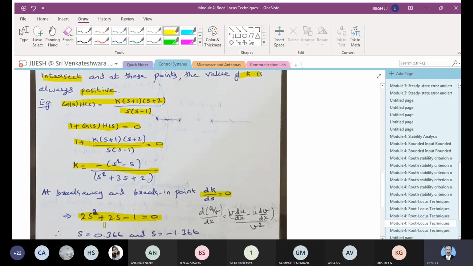All of you can do that. Now you have to find the roots of the equation, and you will end up with s is equal to 0.366 and s is equal to minus 1.366.